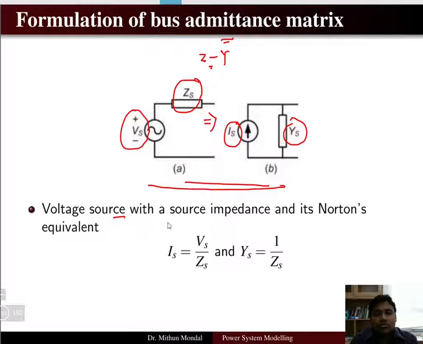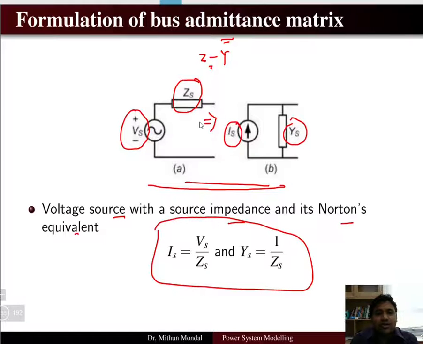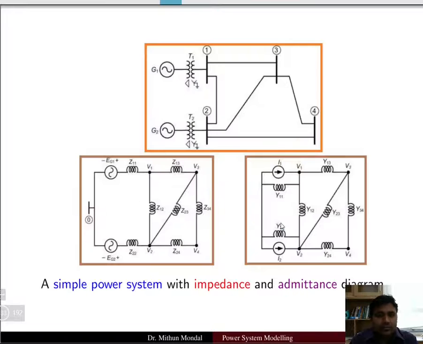The current is the voltage divided by the impedance, and the admittance is the reciprocal of the impedance.